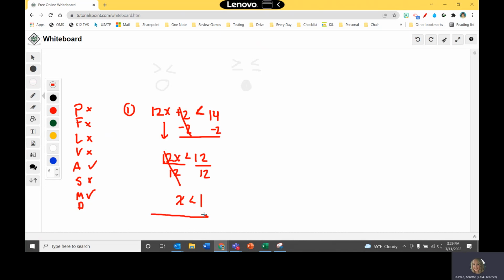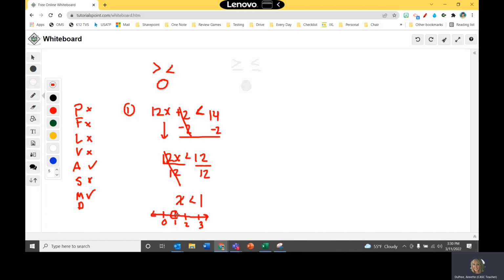So what we're going to do is graph this on the number line. So we have our number line here. We have 0, 1, 2, 3. So this is a less than sign, so it's going to be an open circle. We're going to put an open circle at 1, and x, I always read it with the variable first, so x is less than 1.